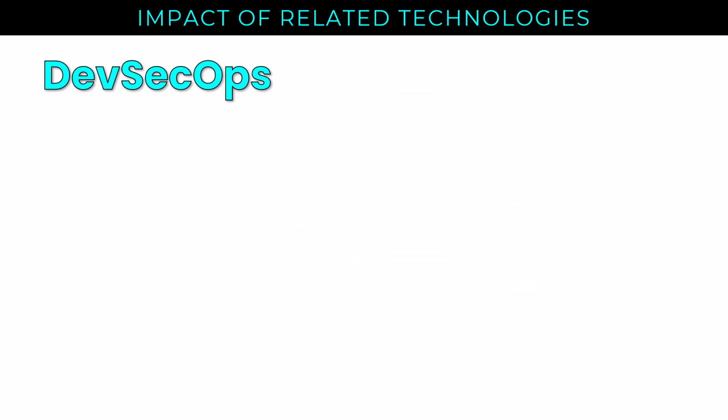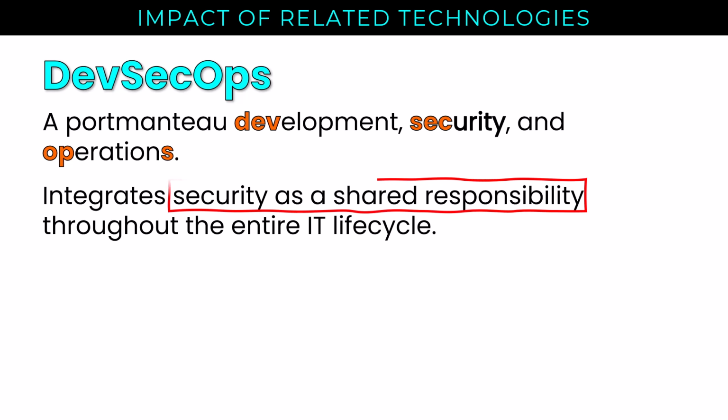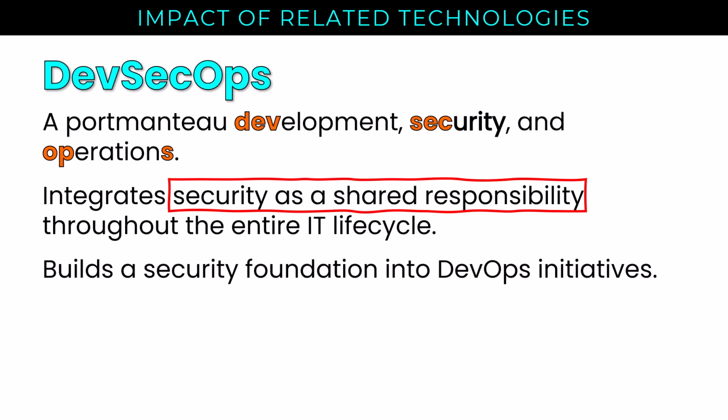Next, we have DevSecOps. This is a portmanteau, a combination of development, security, and operations, DevSecOps. It integrates security as a shared responsibility throughout the entire IT lifecycle. DevSecOps really preaches that security is everyone's responsibility, and it builds a security foundation into DevOps initiatives.